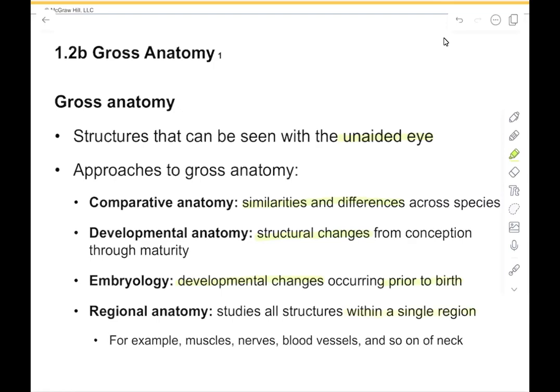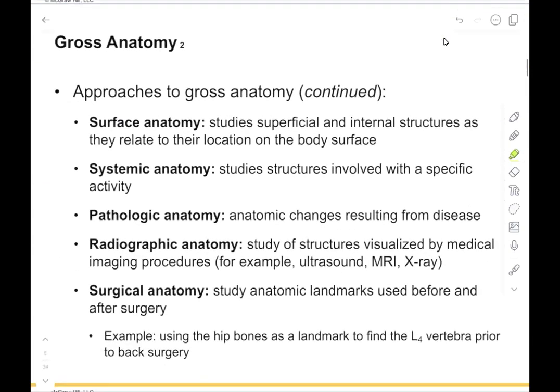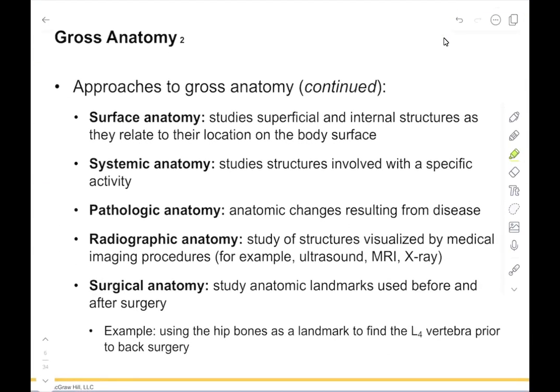So let's say, for example, we want to look at the neck region. We're going to be looking at muscles, nerves, blood vessels, lymphatic vessels, anything that's in that specific region of the neck. With gross anatomy comes other subtypes like surface anatomy, which is superficial, and internal structures as they relate to the location of the body.